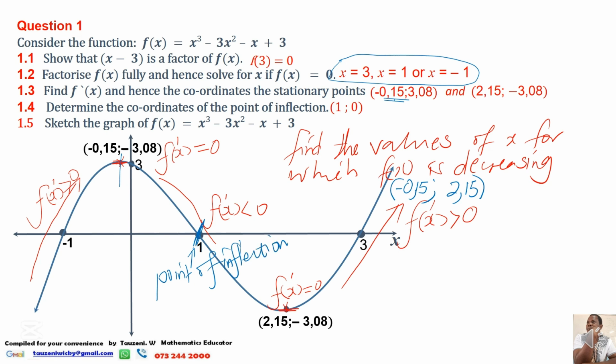This is the point where the graph changes its concavity from concave up to concave down, or from concave down to concave up. Our function is done. Nice and neat. This is cubic functions, grade 12 mathematics, paper 1.